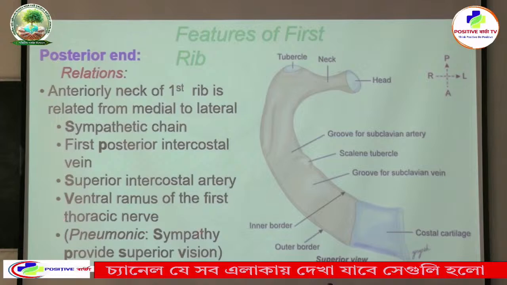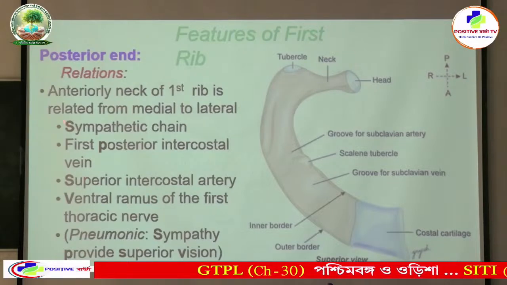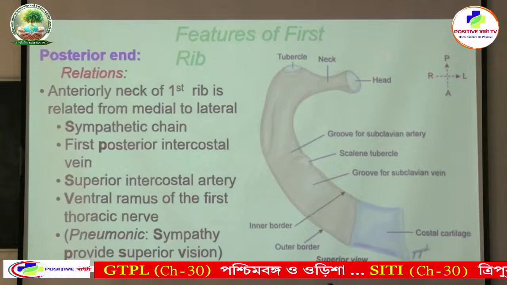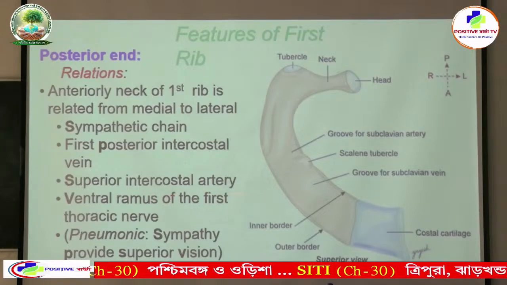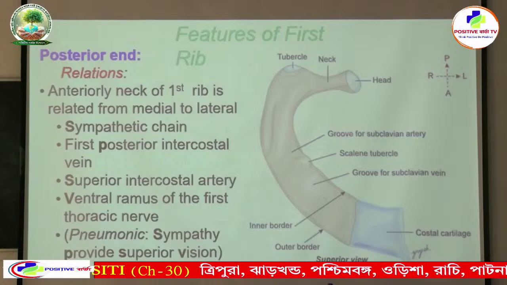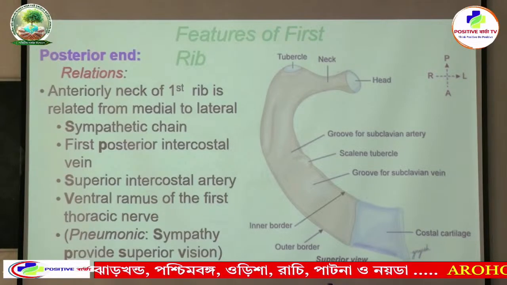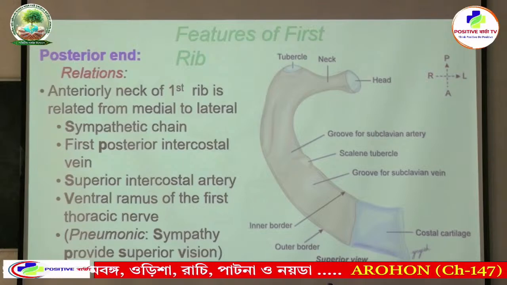You can remember it like this: Sympathy provides superior vision, or you can make your own mnemonic. Sympathetic chain, then the vein, first posterior intercostal vein, then superior intercostal artery, and ventral ramus of first thoracic nerve. This is very frequently asked in your viva: relations of the neck of the first rib. Okay, understood?